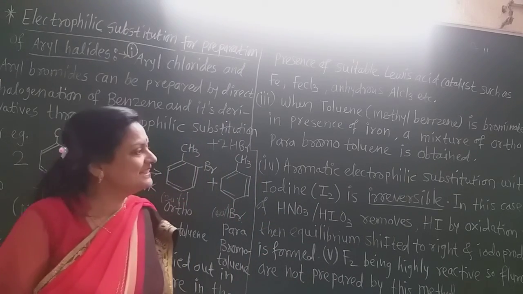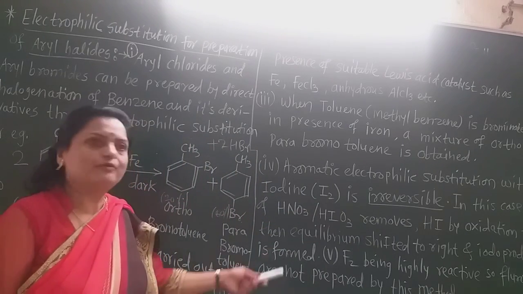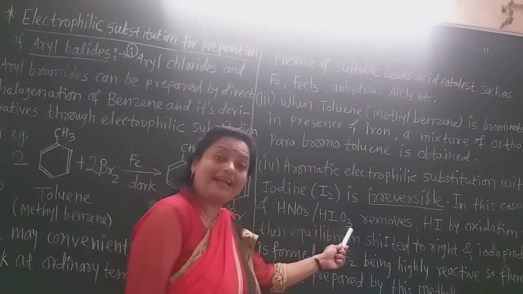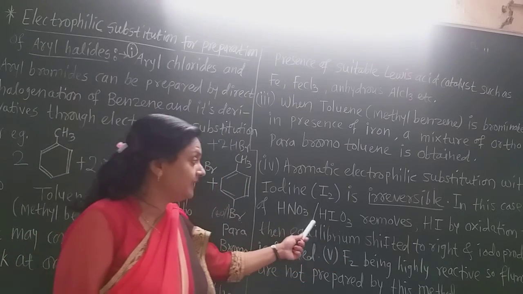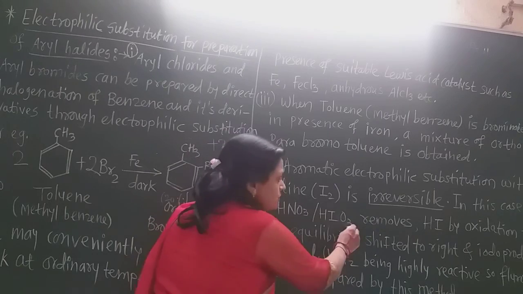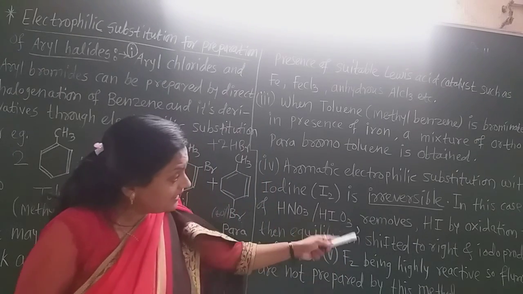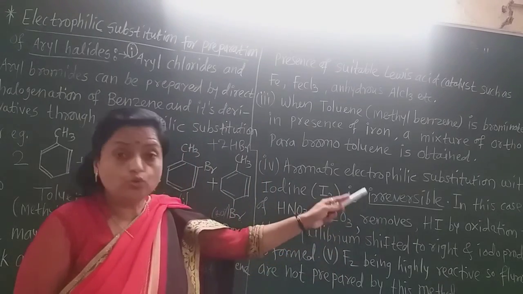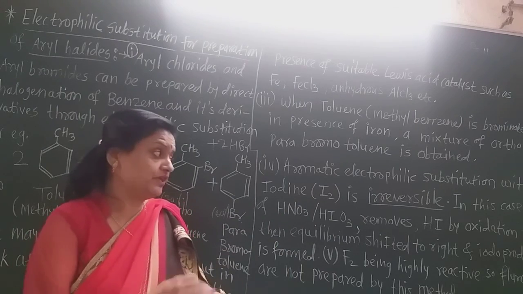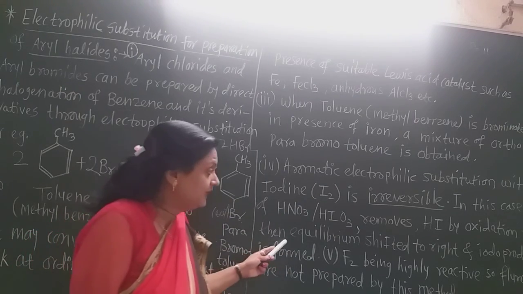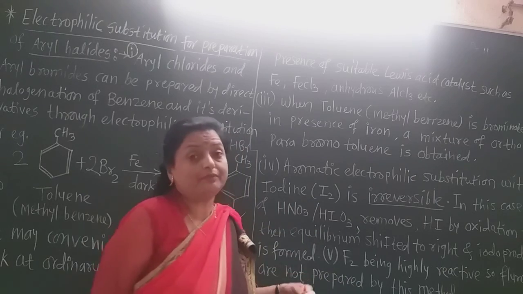We already discussed this, and in this case we must use nitric acid and iodic acid, that is HNO3 and HIO3, which remove the HI by oxidation to I2. Again, I2 will form, HI gets removed, and then the equilibrium shifts to the right. What is meant by this?